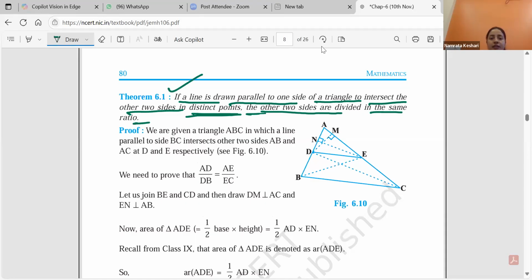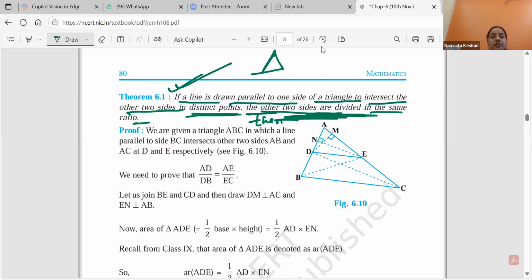If this, then this. If a line is parallel, then the other two sides are divided in the same ratio.